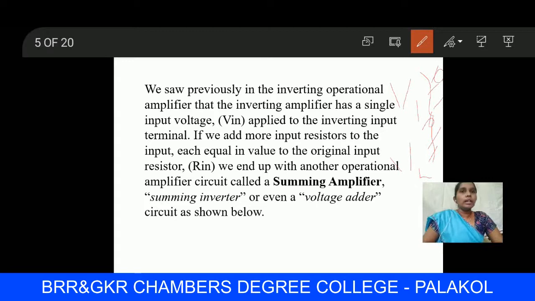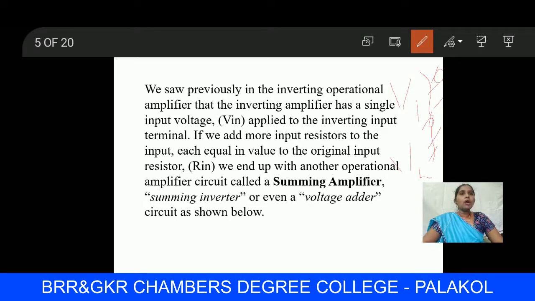So previously, in the inverting operational amplifier, we saw that the inverting amplifier has a single input voltage, that is Vin, applied to the inverting input terminal.